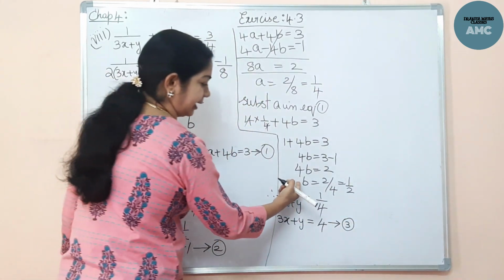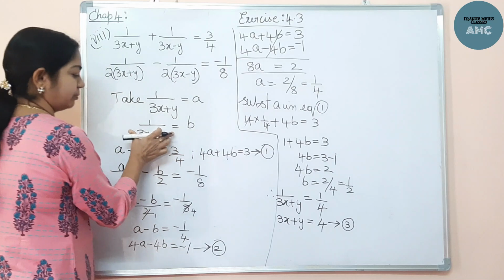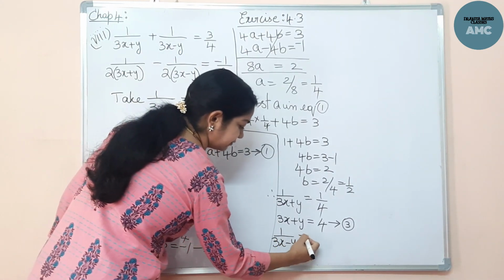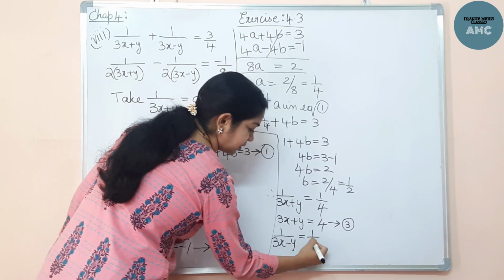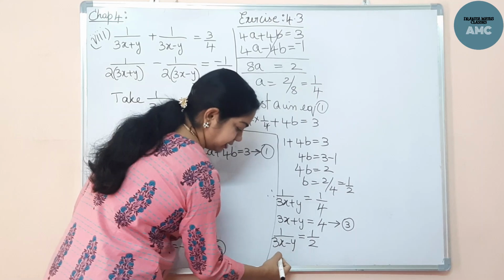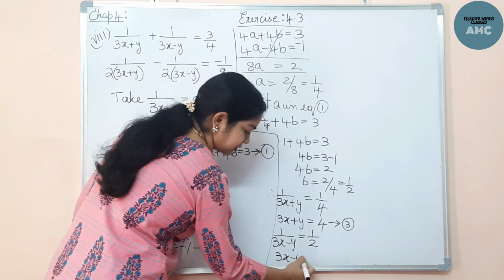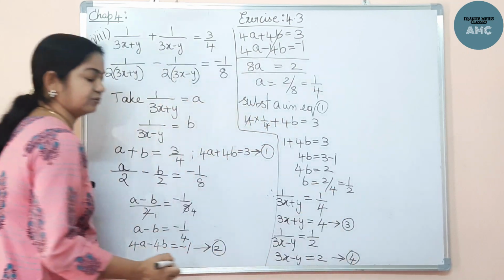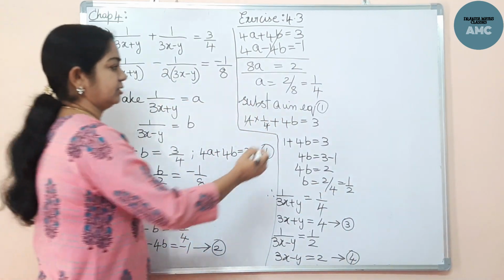Now again the b value. b is 1 by 2. So 1 by 3x minus y is our b, so b is 1 by 2 here. This value I have substituted. Now cross multiply. So 3x minus y comes to 2. Let this equation be 4. We will be solving 3 and 4 to get x and y values.